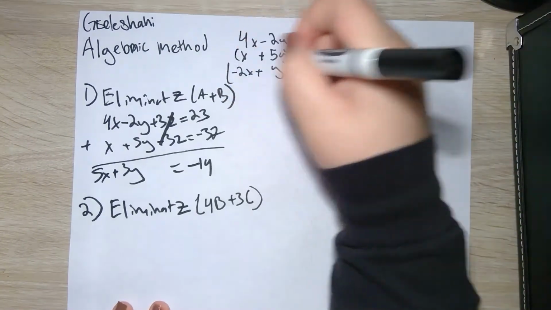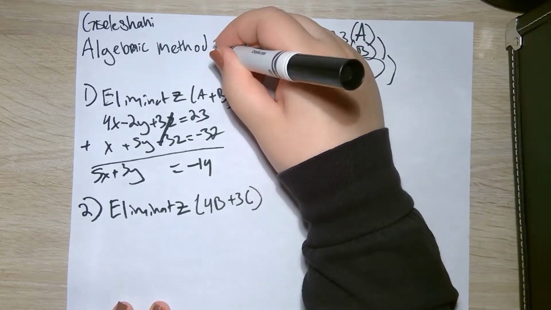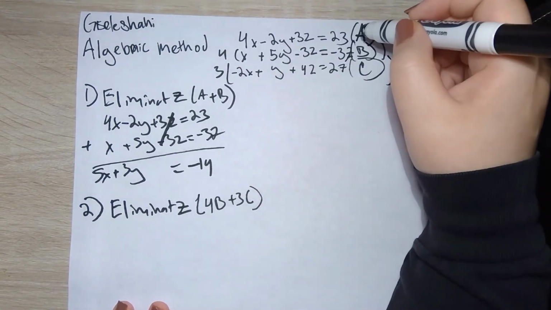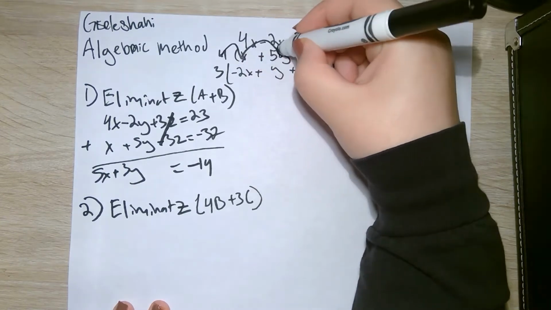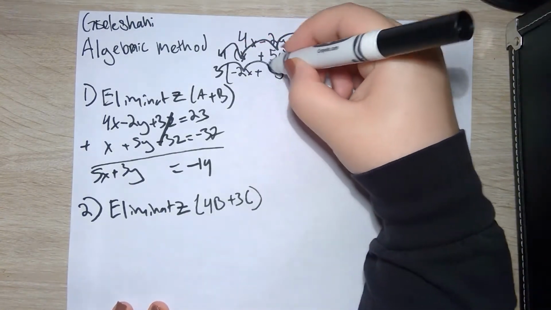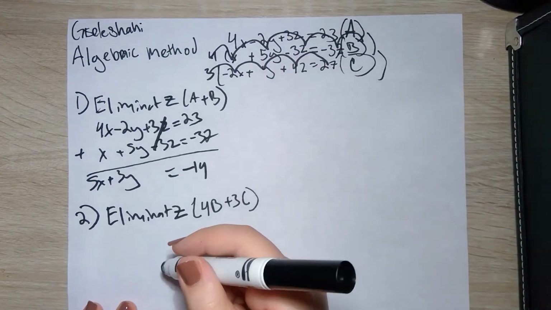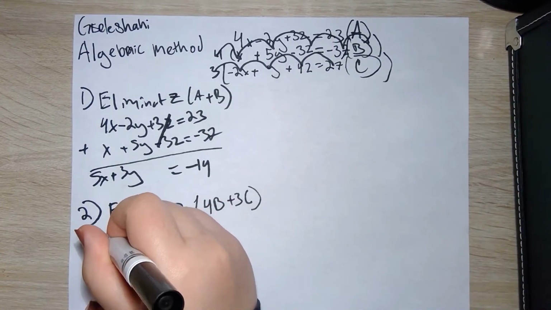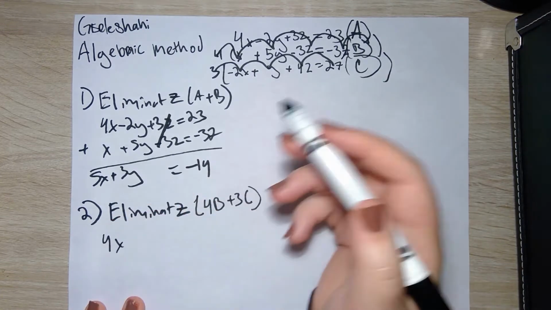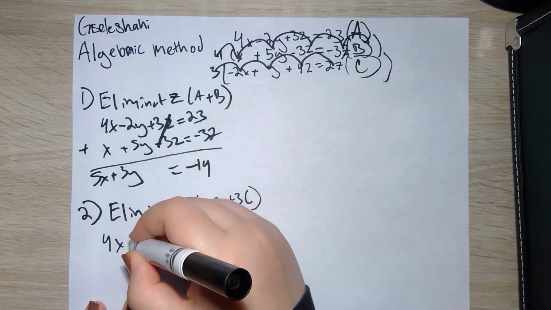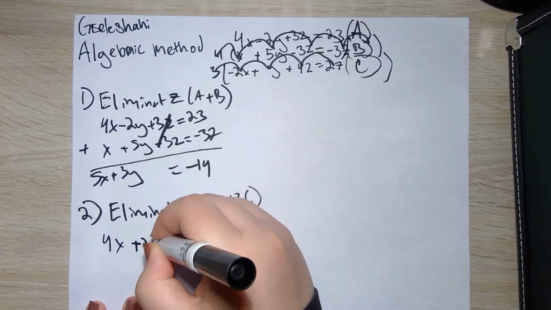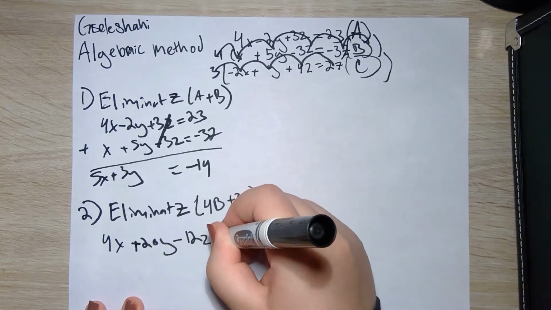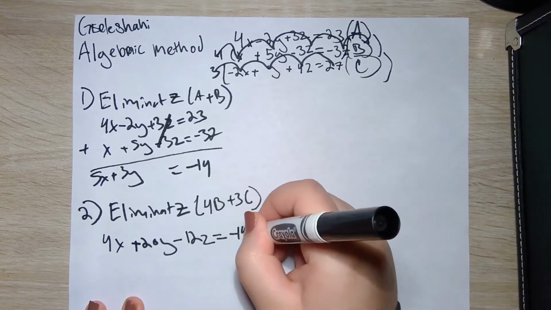So you multiply 4 times every single number and 3 times every single number. So that would be 4 times x, which is 4x, 4 times 5, which is 20y, and so on, so negative 12z equals negative 148.